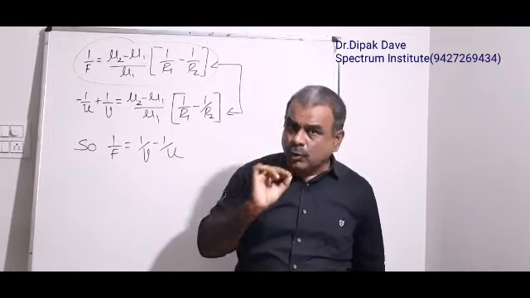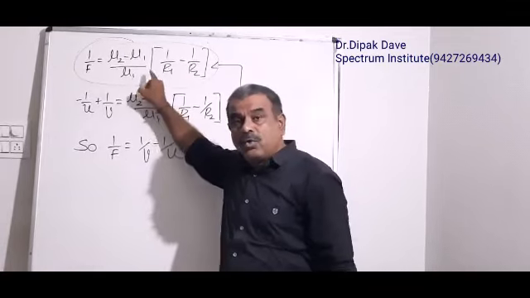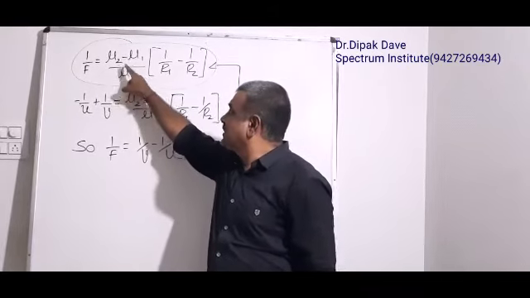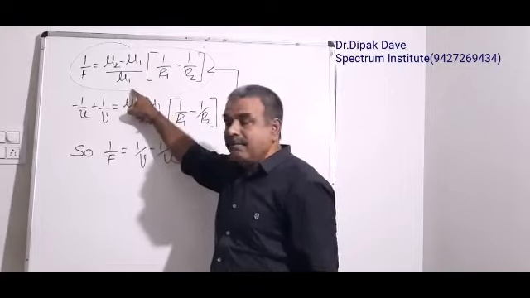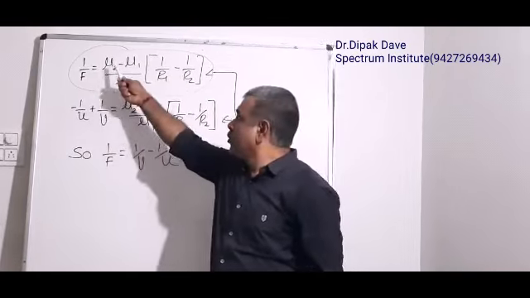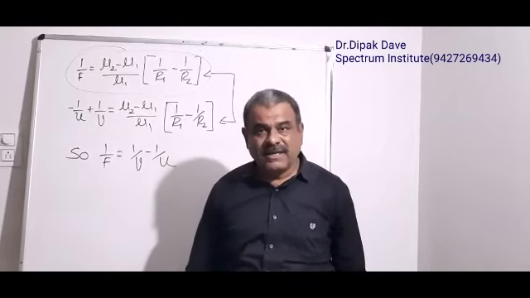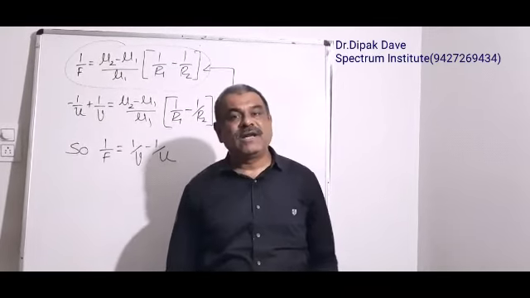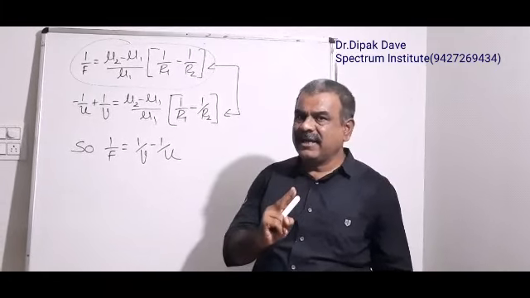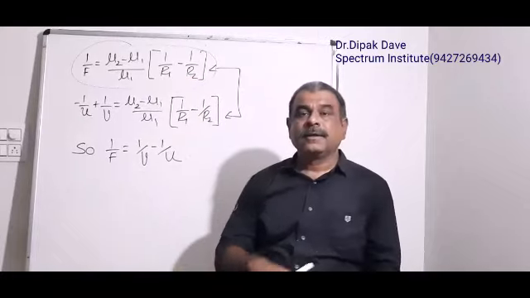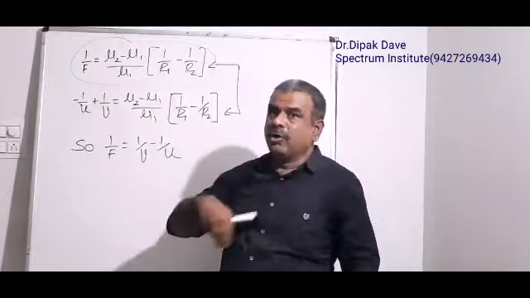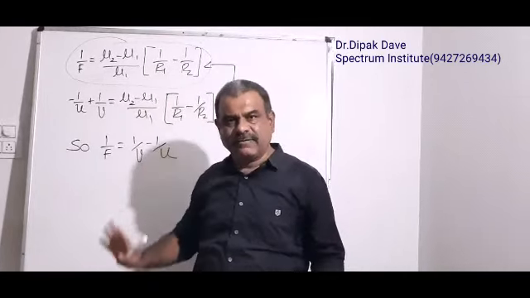We'll have the next two videos only on how to apply this for NEET and JEE. Mu2 is the refractive index of the material of the lens and mu1 is the refractive index of the surrounding medium. At least two lectures I'll take on how to apply this. We will not go for any new concept, we will only discuss this equation.